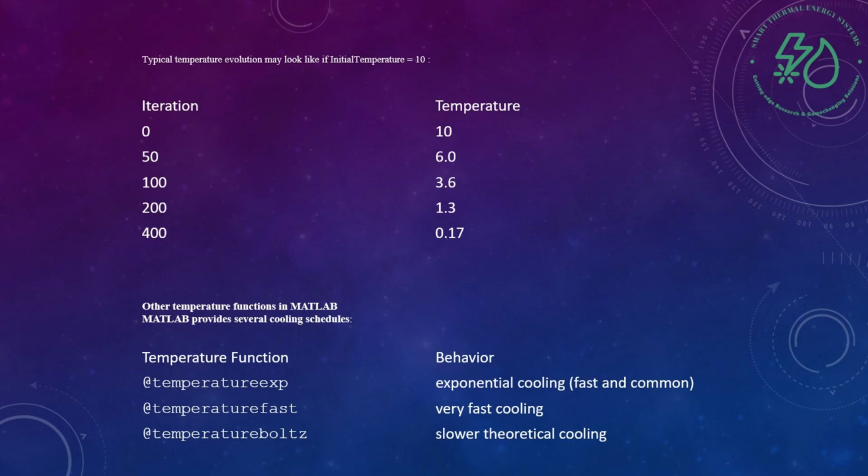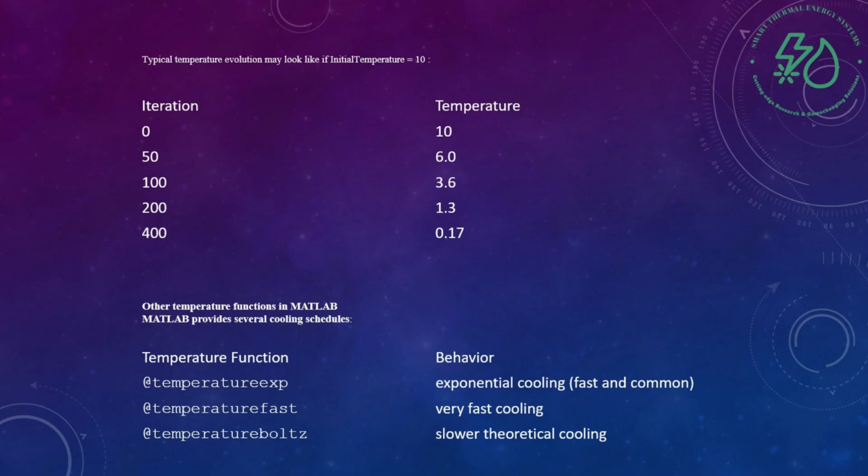If you want to compare the different functions, we can say the Boltzmann or the temperature boltz has a slow cooling procedure, maintains the exploration longer, and we can say it is good for complex and highly non-convex problems when we have many local minima in the optimization problem.